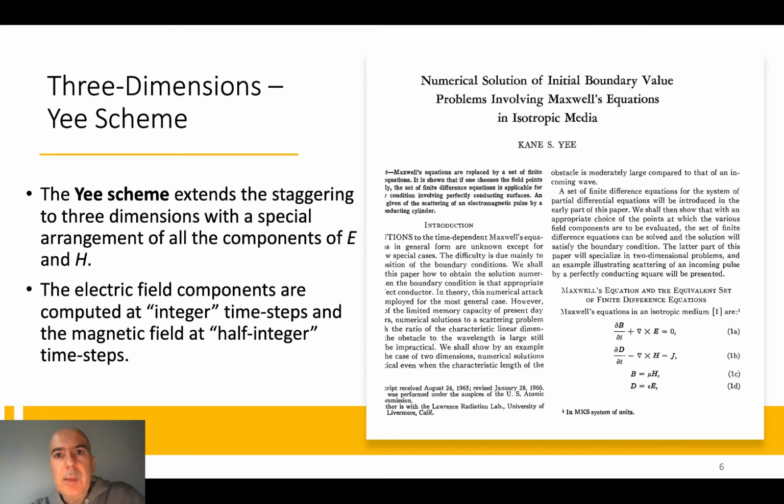When we talk about these space-time staggered grids in 3 dimensions, we talk about the E-scheme or the E-lattice. The E-scheme extends the staggered mesh to 3 dimensions with a special arrangement of all components of E and H. The electric field components are computed at integer time steps and the magnetic field at half integer time steps.